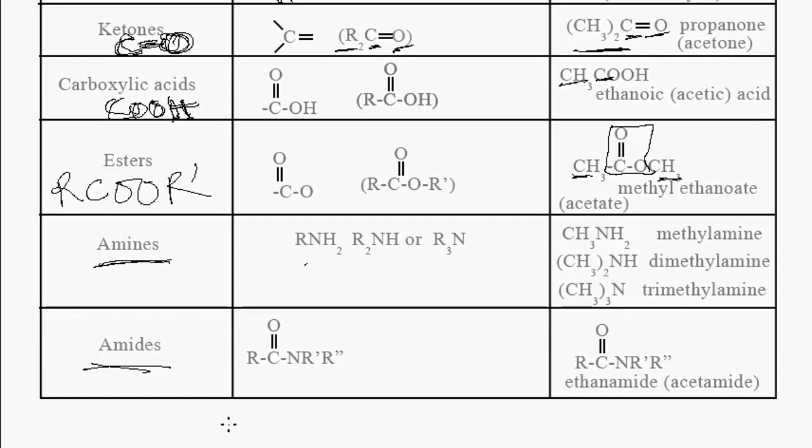So instead of having your R, C, O, OH, now the OH here will be replaced by saturated nitrogen. So you have this. All right. So a typical example of an amide is the ethanamide.